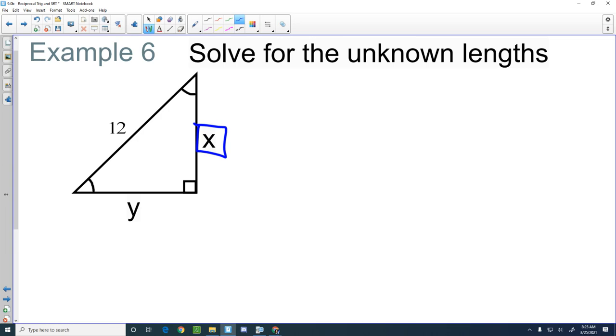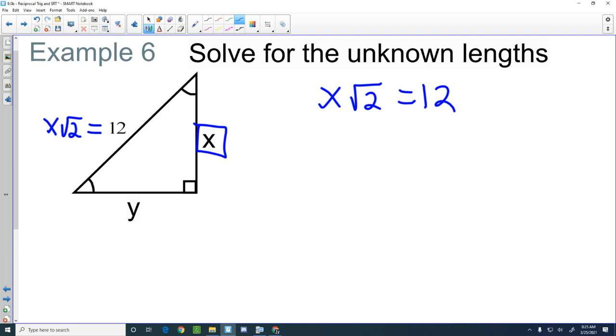Multiply it by root 2, right? Normally, I would take x, I'd multiply it by the square root of 2, and I would get the hypotenuse, which is a 12 in this case. So we actually have like a little mini equation. Whatever x is, if I multiply it by the square root of 2, I know that it needs to equal 12.